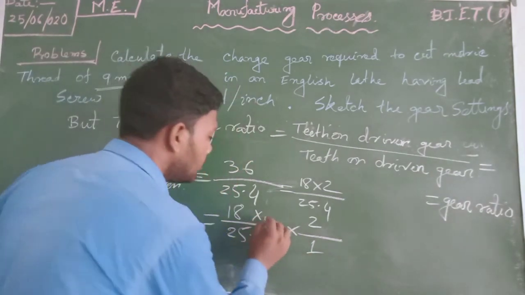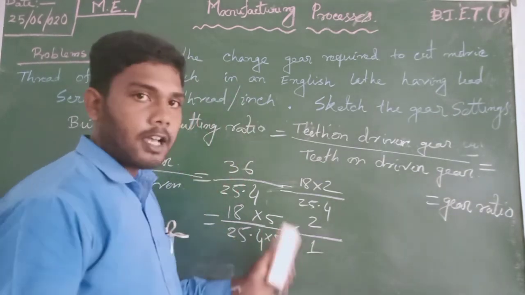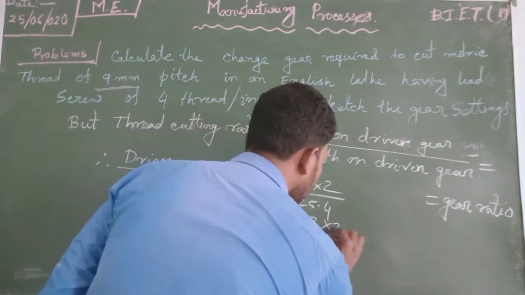Multiply up and down by 5, and multiply up and down by 20.